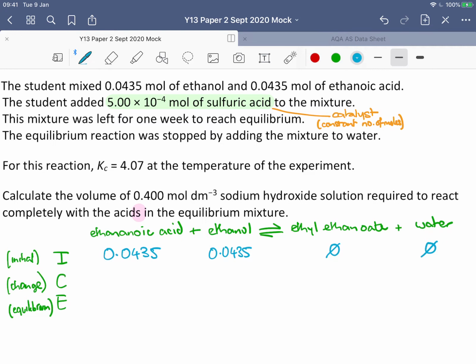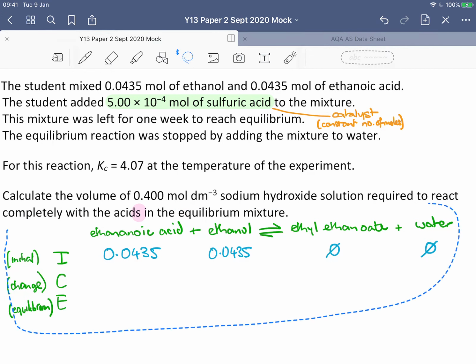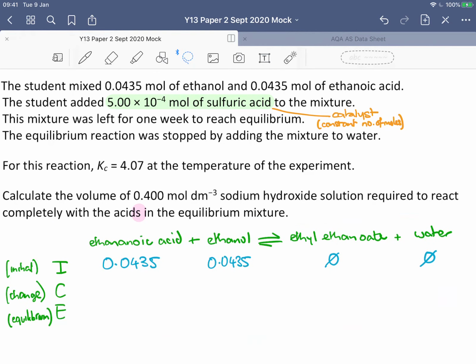Now, the other thing I'm going to add, and I'm just going to move this down a little bit, is the molar ratios above it. I'm going to keep it in green. So when I did my reaction, it was a 1 to 1 to 1 to 1 ratio.